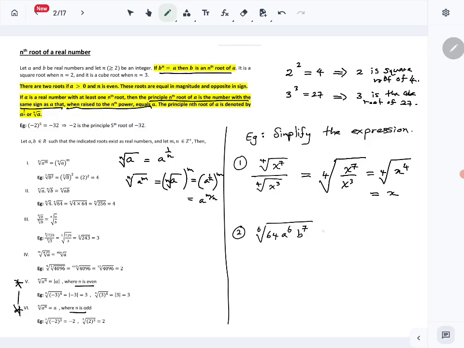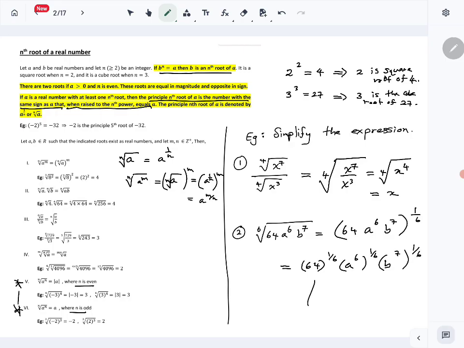Right. The next one, we have a sixth root. Let me convert this into a power first: 64 a to the 6 b to the 7, to the 1 over 6 power. Now distribute: 64 to the 1 over 6 power, a to the 6 times 1 over 6, b to the 7 over 6.